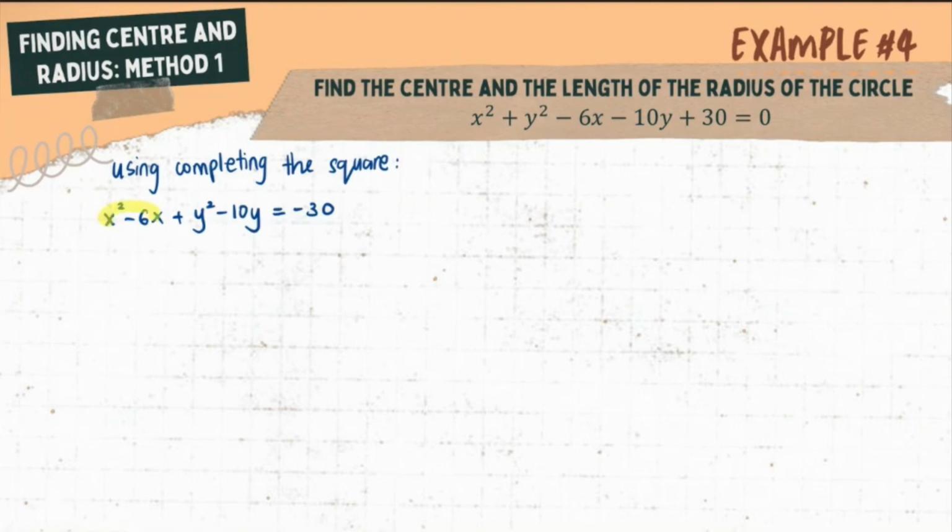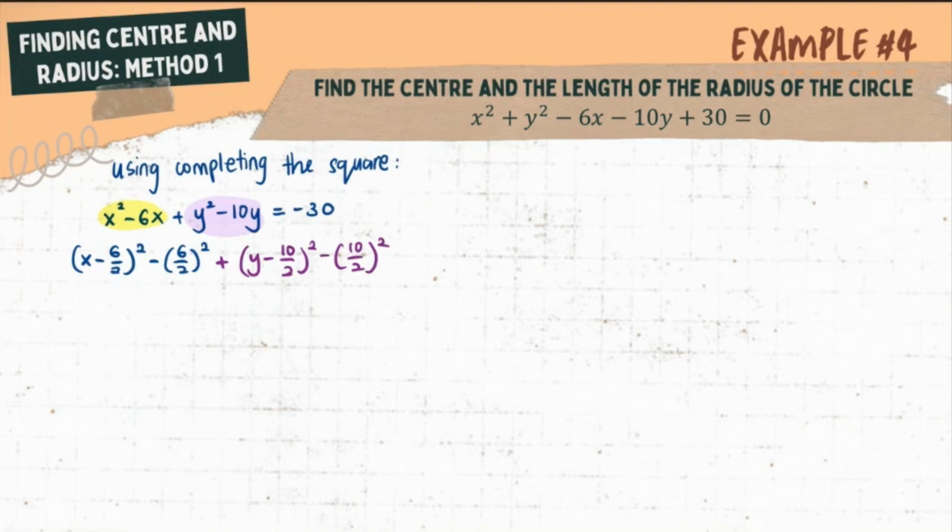Okay, so ini saya nak perform, it will be x minus 6 over 2 squared minus again dengan 6 over 2 squared. Okay, so ini untuk variable of x. Untuk variable of y, saya akan gunakan warna purple. So, plus y minus 10 over 2 squared minus 10 over 2 squared.